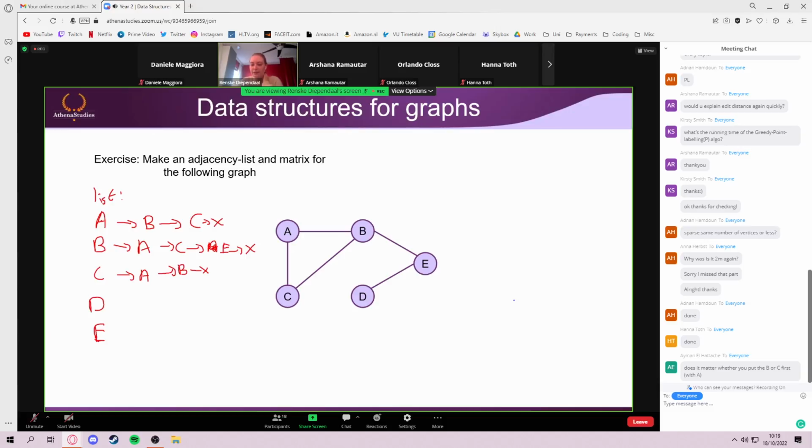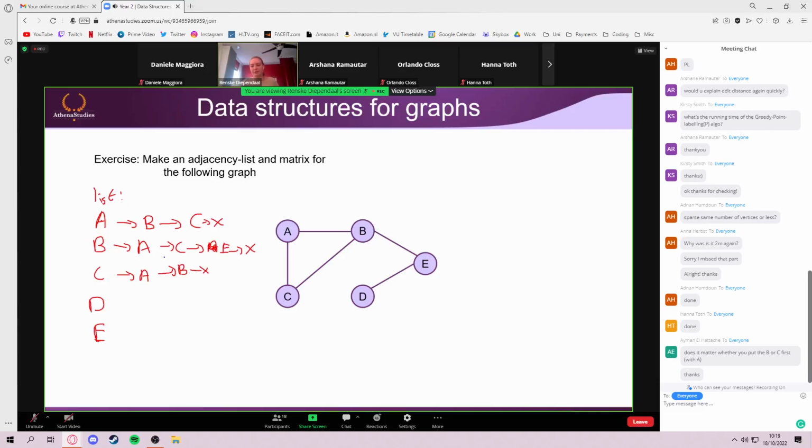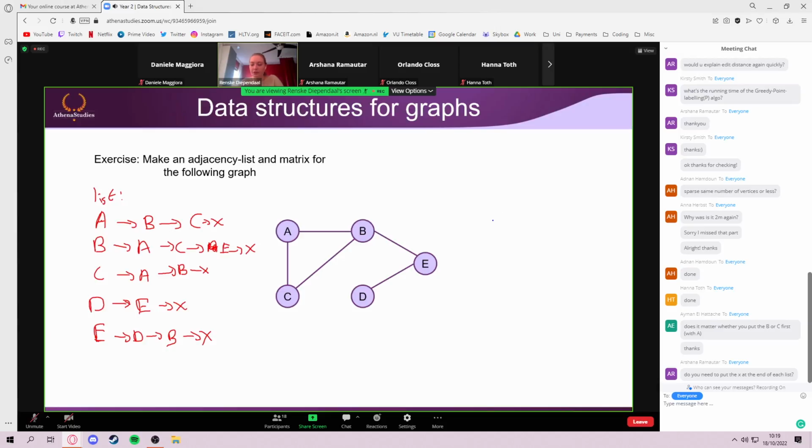A question: does it matter whether you put the B or C first with A? No, it really doesn't matter at all. It should still be the same graph, right? Yeah, so D is connected to just E, and E is connected to D and B. Then for the matrix, do you need to put the X at the end of each list?